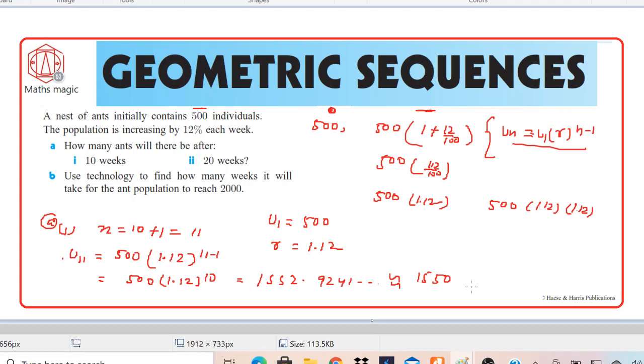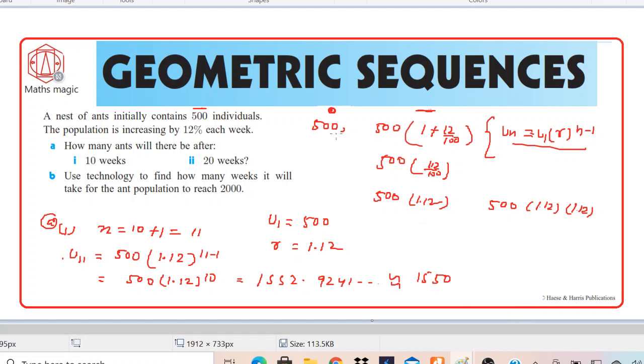So every time our population is increasing by 12%, that means this increment of 12% gives the ratio of the geometric sequence. And the second thing I told you is that you have to be very careful of the term of the sequence.